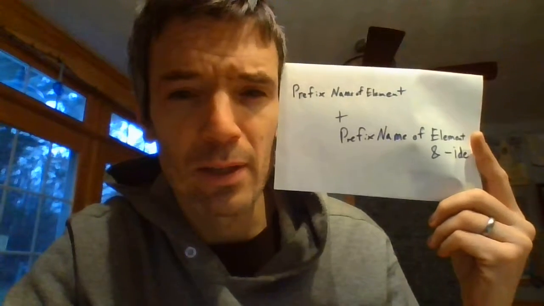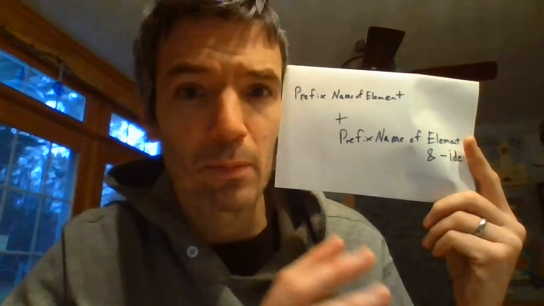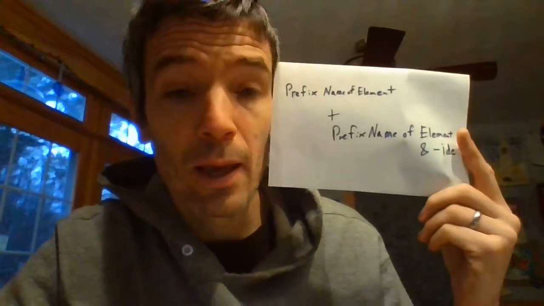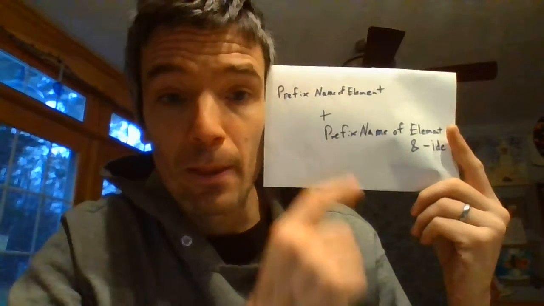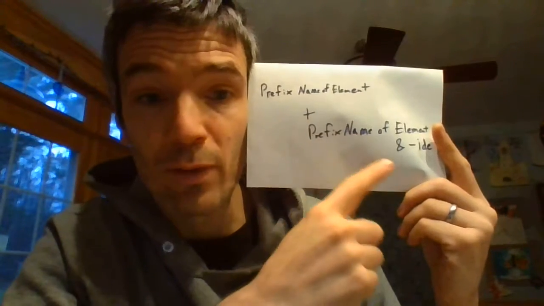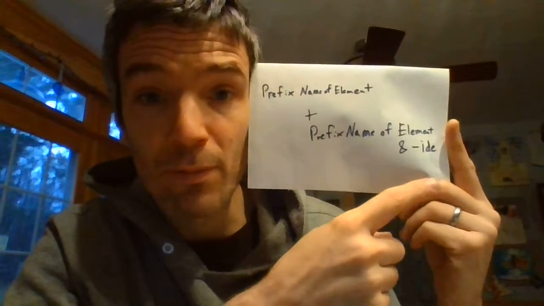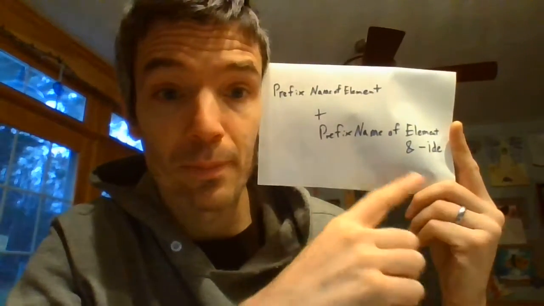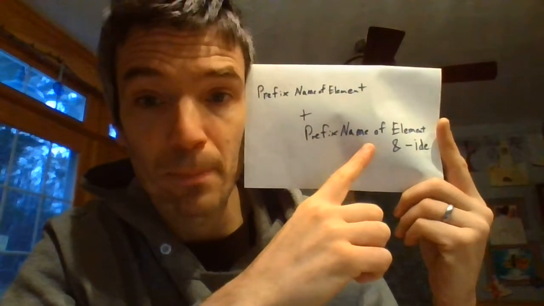And electronegativity describes how much an atom attracts the bonding electrons that they share. And then you have a prefix again, and then you've got the name of the second element, and then you affix the suffix "ide" at the end of the name of the second element. Like oxygen becomes oxide and sulfur becomes sulfide.